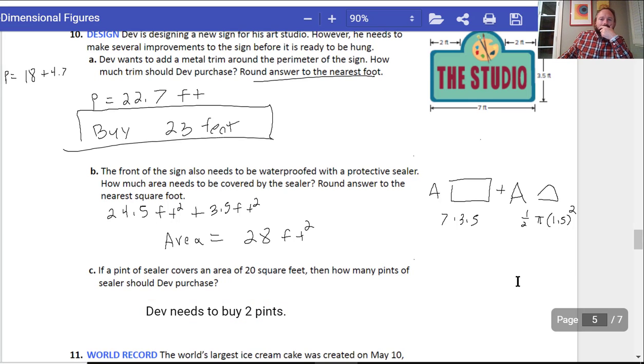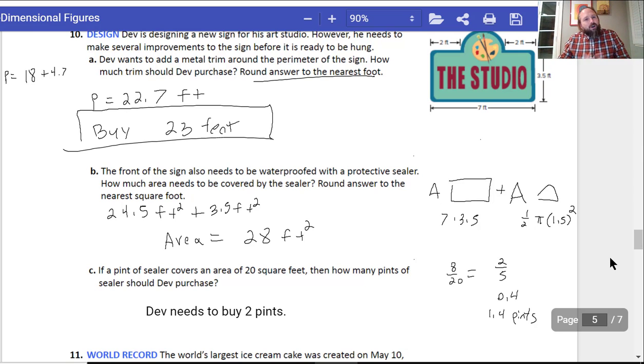Now, he'll have some left over. Technically, if we wanted to, we'd ask how many pints does he need? And we go 8 over 20, divided by 4, divided by 4, we get 2 over 5. And if we divide that out, we get 0.4. So technically he needs to buy 1.4 pints.